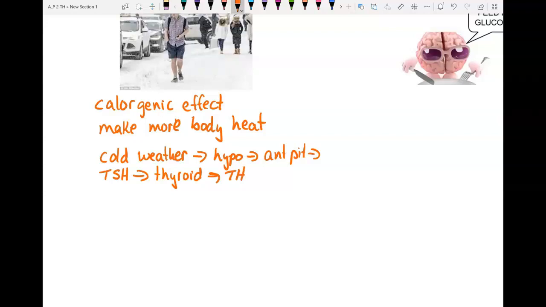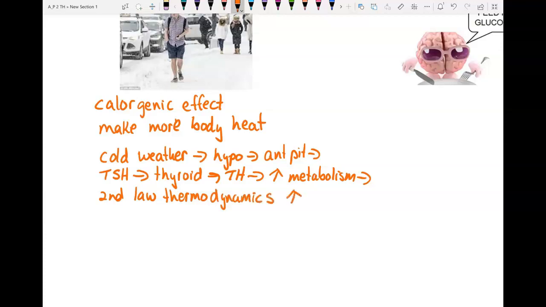This extra thyroid hormone then increases your metabolism, and we know from the second law of thermodynamics that when you increase your metabolism, you also increase your heat production. This then keeps you warm in cold weather.